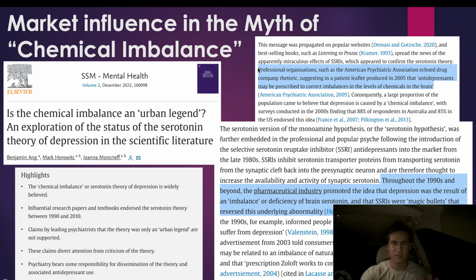I'll read this part just for emphasis, but I want you to catch how, again, when I say we need to be skeptical of science and that the experts don't have the final say, this is why.